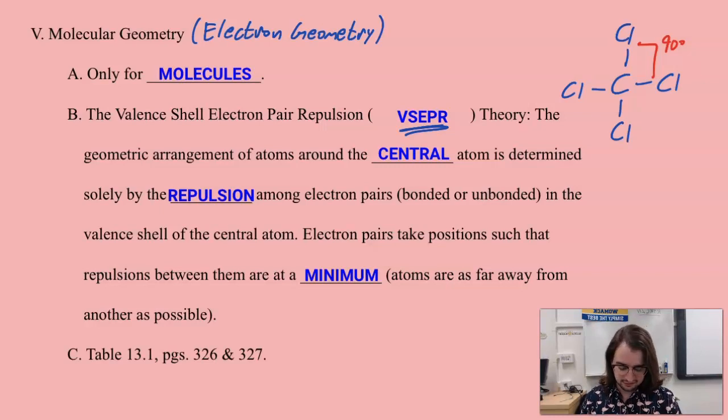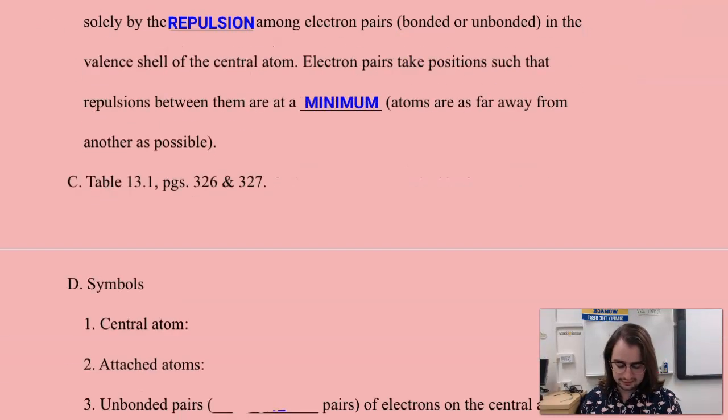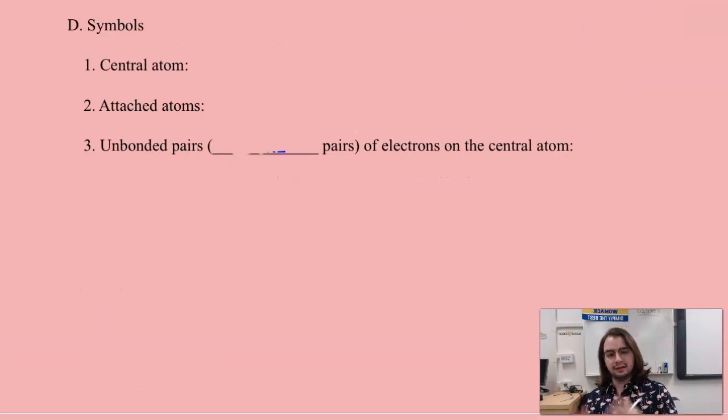That's the idea. So there are a lot of different molecular geometries, and there are a lot of different electron geometries. Now understand, each one has a different group, and you can kind of consider each group as separated based on the number of things attached to the center atom.